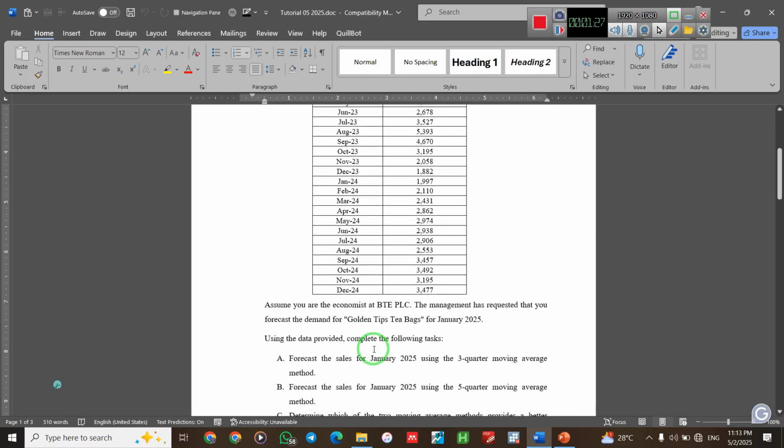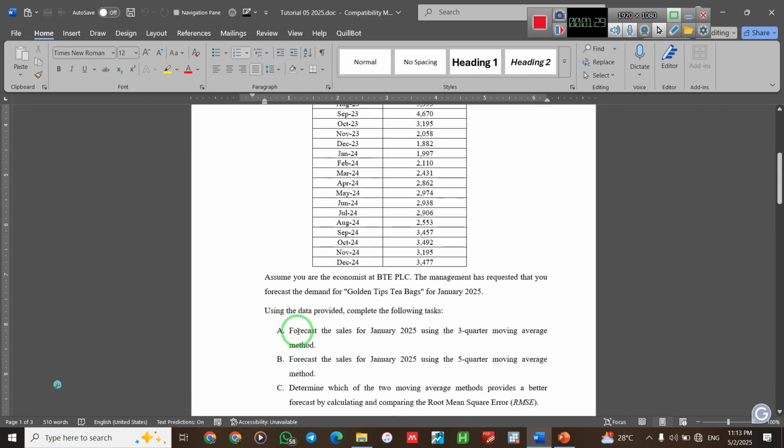The first question asks you to forecast the sales for January using the 3/4 moving average method, and the second question asks you to forecast the sales for January 2025 using the 5/4 moving average method. In the lecture you have also discussed something similar to this.